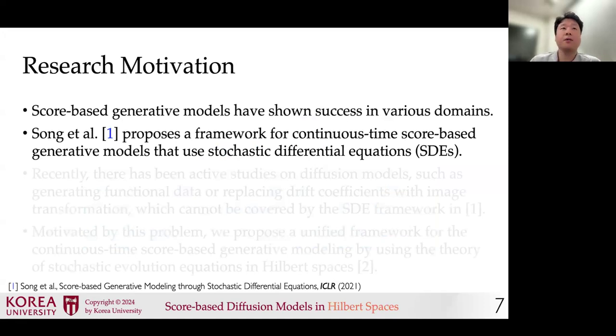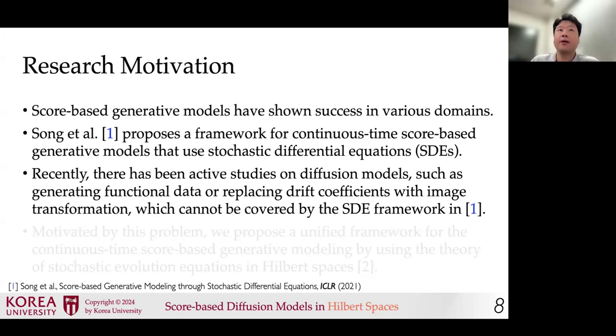Okay, so let me introduce my research motivation briefly. As you can see in the previous slide, score-based diffusion models have shown many successes in various domains. Especially at ICLR 2021, Song proposed a framework of continuous time score-based generative models that uses stochastic differential equations in the finite dimensional Euclidean space.